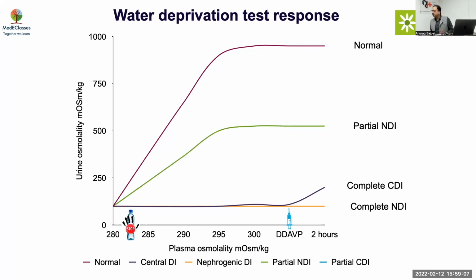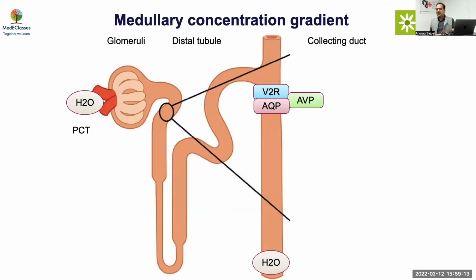In the partial group, where it's 300 to 600, no response means partial NDI, some response means partial CDI. Now this is important. AVP plays a role in concentration, as we discussed, but the medulla also concentrates a lot. If you have long-standing polyuria, this medullary concentration gradient is lost.